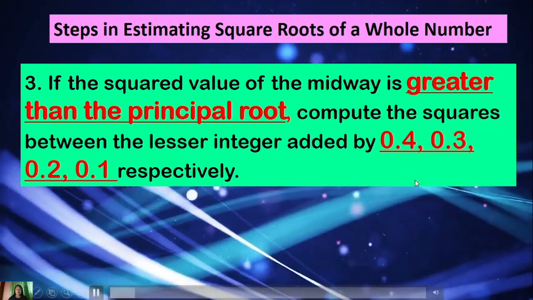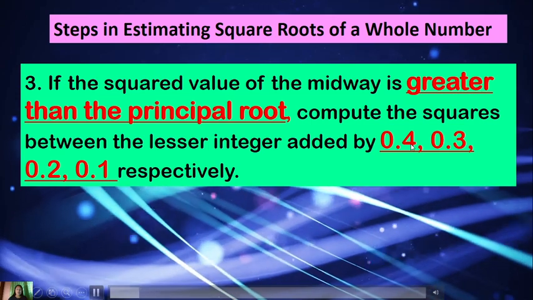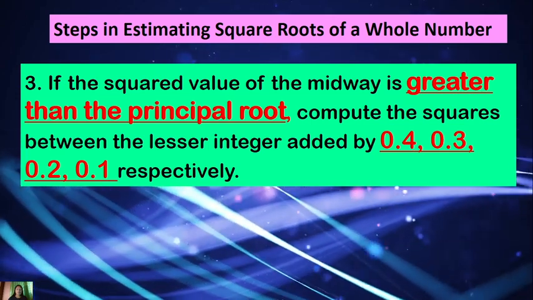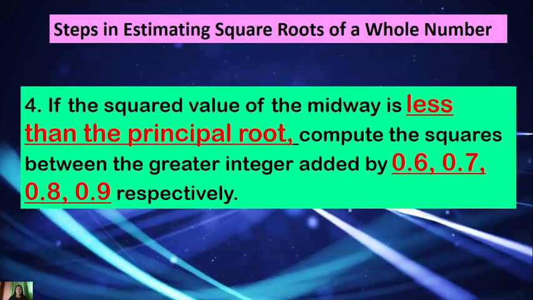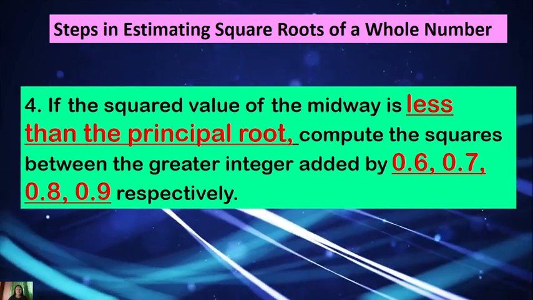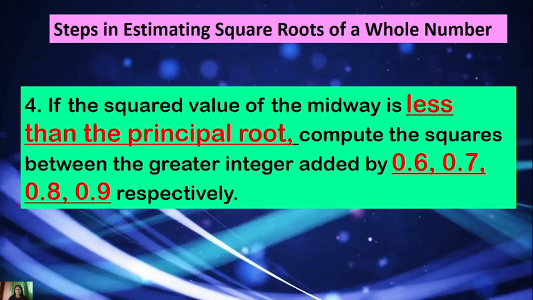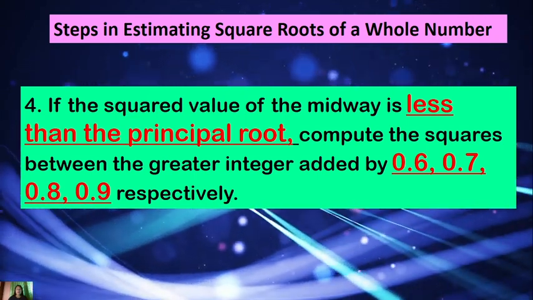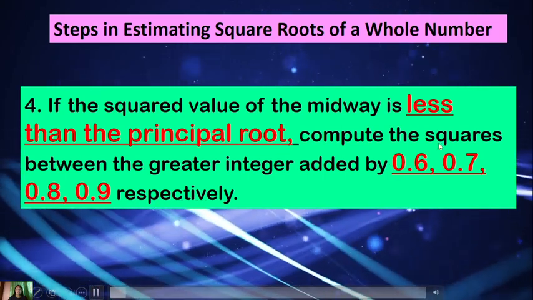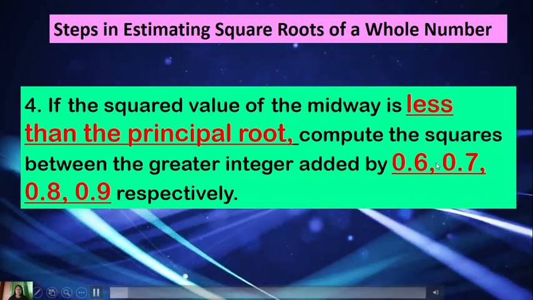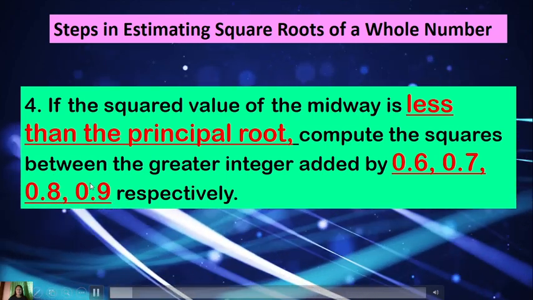So it should be added by 0.4, 0.3, 0.2, and 0.1 respectively. And if the squared value of the midway is less than the principal root, compute the squares between the greater integer added by 0.6, 0.7, 0.8, and 0.9 respectively.